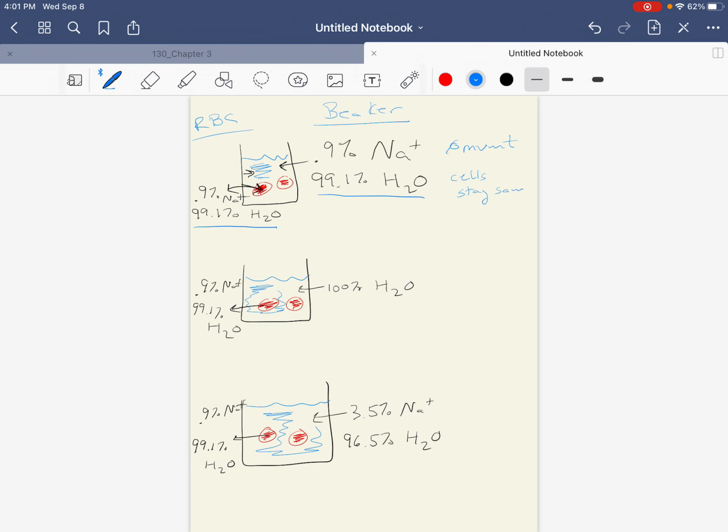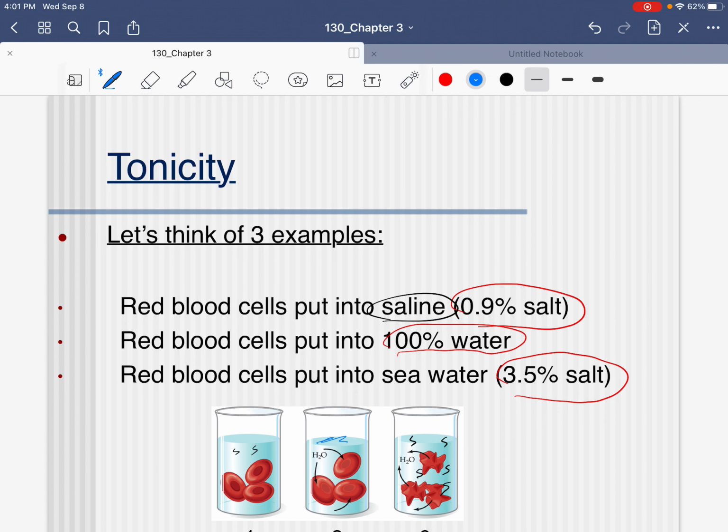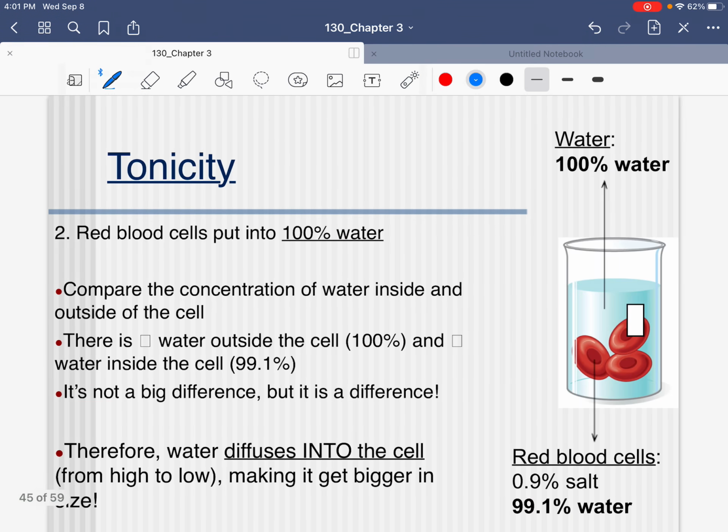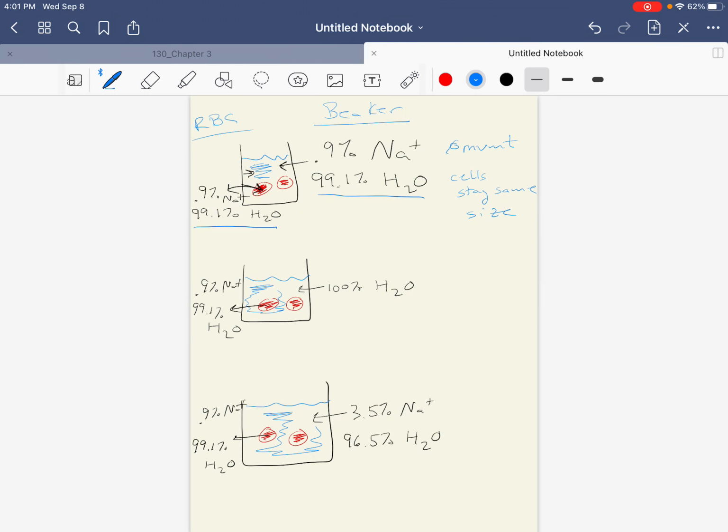Because remember, in order for there to be diffusion, we have to have a concentration gradient. So here, cells stay the same size. And that's what we saw in our first example. Here, the cells stayed the same size. And why? Because the concentration of fluid inside the cells and outside of the cells is the same.